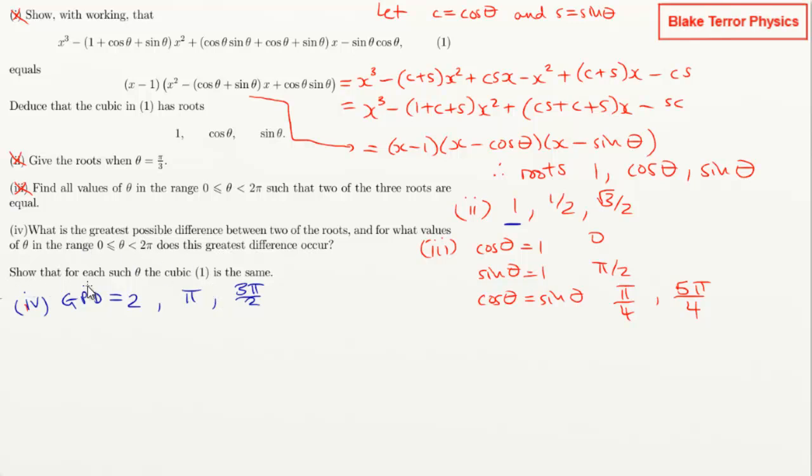Show that for each such theta, the cubic is the same. Whichever one we put in here, we're getting the same thing. Okay, so if theta is equal to pi, then we've got x cubed, and then we've got a takeoff, so we've got 1.